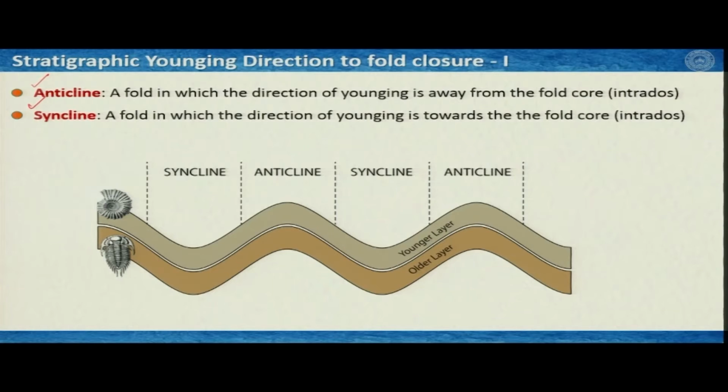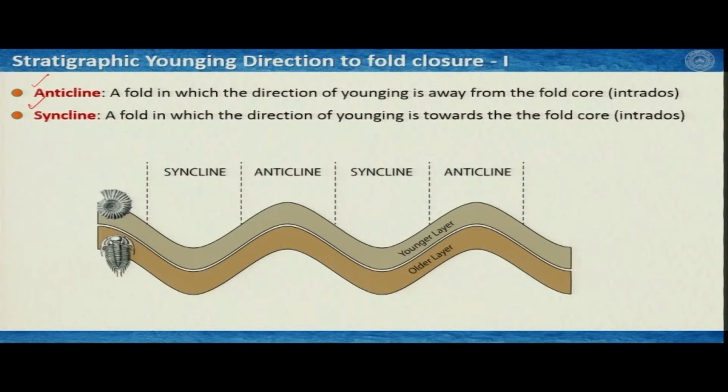So let's have their definitions first, as written here. An anticline is a fold in which the direction of Younging is away from the fold core, and a syncline is a fold in which the direction of Younging is towards the fold core.